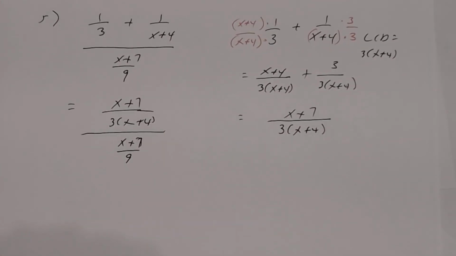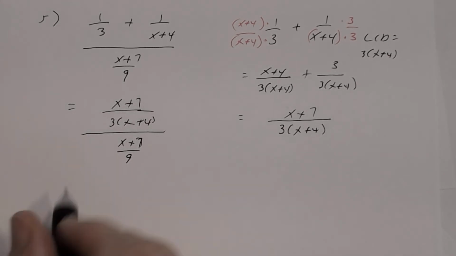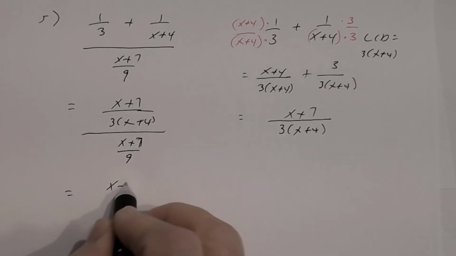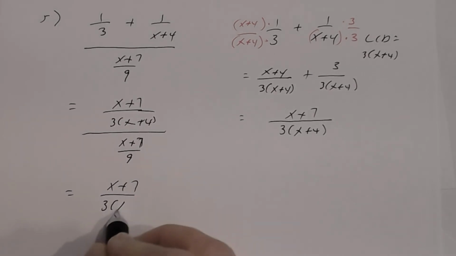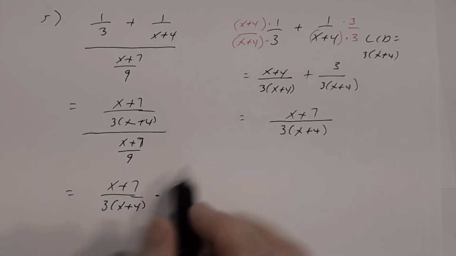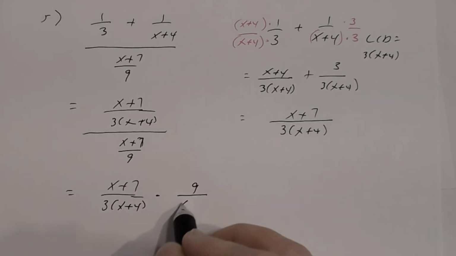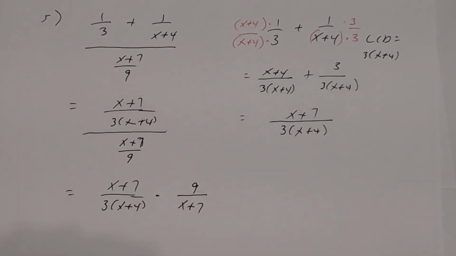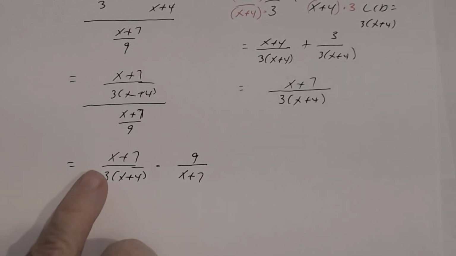Once I get one fraction divided by one fraction, I change this to a multiplication problem. So this becomes x plus 7 divided by 3 times x plus 4, times the reciprocal of this, which is 9 divided by x plus 7. Then make sure every numerator and every denominator is factored as far as you can go, and it is in this case.